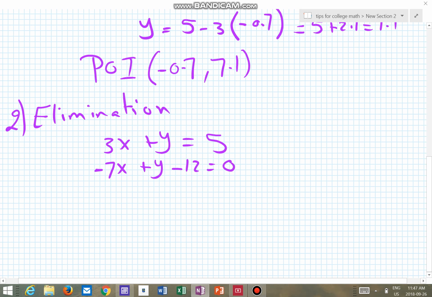Okay, now what do we have here that looks like I can cancel out? Well, I have the positive y, plus y, plus y. What if I come here and I subtract 2 from 1?